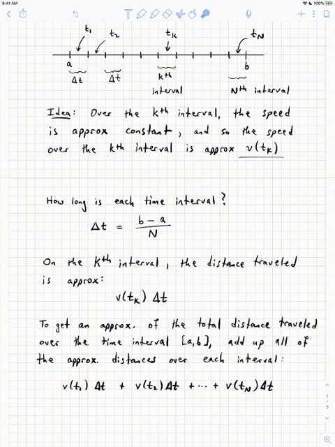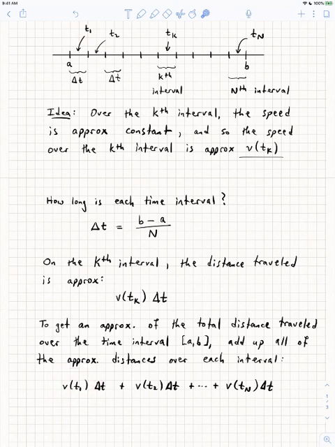Now the actual speed might be varying, but it's varying by very little because these intervals are very small. This delta t is very small. So even though there's a little bit of variation in the speed over that interval, it's very small. So we can assume that it's approximately constant, and we're representing it with this v at t1.